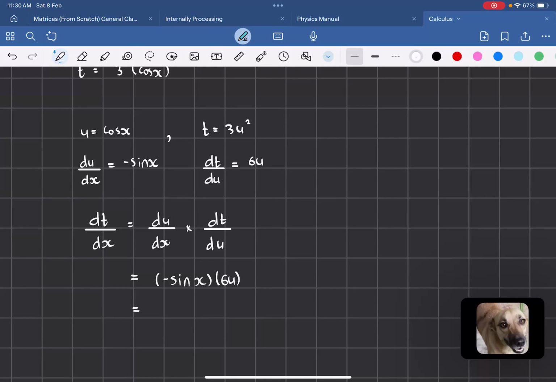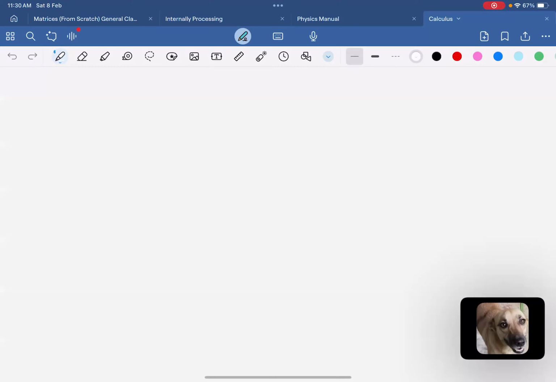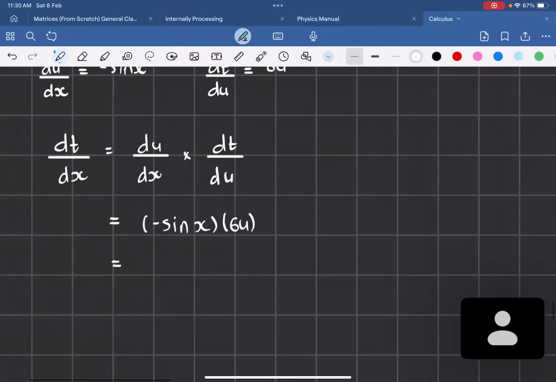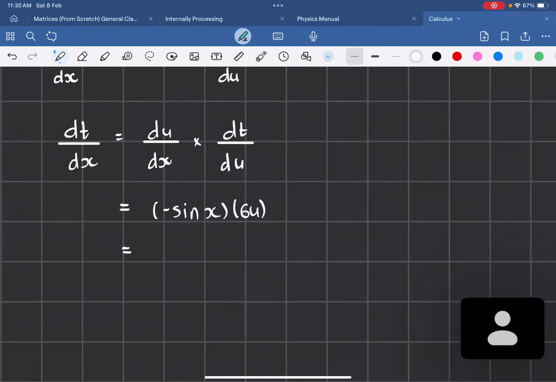Right, so let me wrap up. Kira, what's the next step? Okay, so since we have in brackets the minus sine x and the 6u, it will be equal to everything here being multiplied.